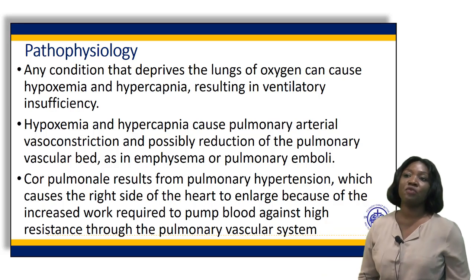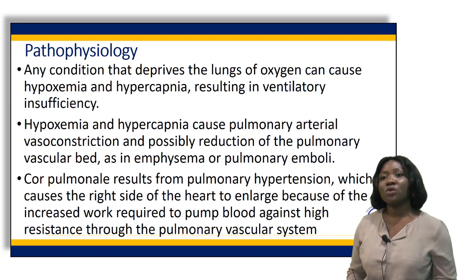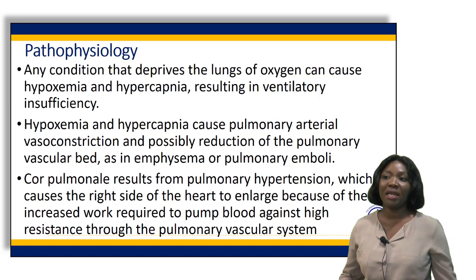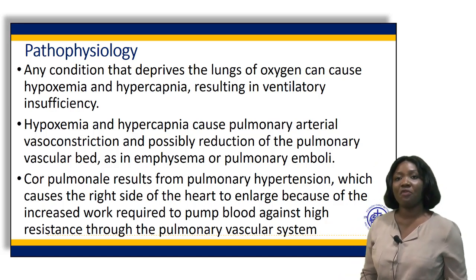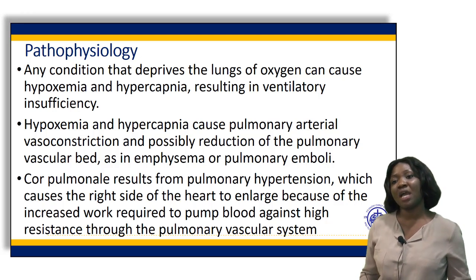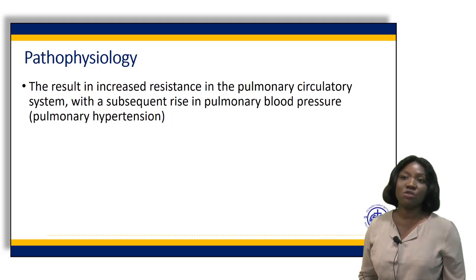Cor pulmonale results from pulmonary hypertension, or when there is increased pressure in the lungs, which causes the right side of the heart to enlarge. When it enlarges, there is increased work required for the blood to pump against a high resistance through the vascular system, and this leads to pulmonary circulatory system failure.